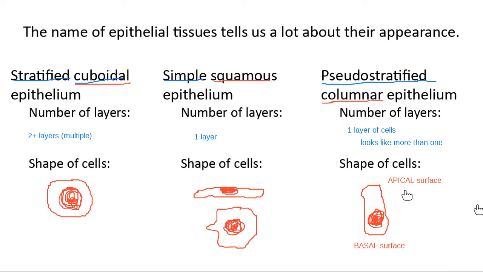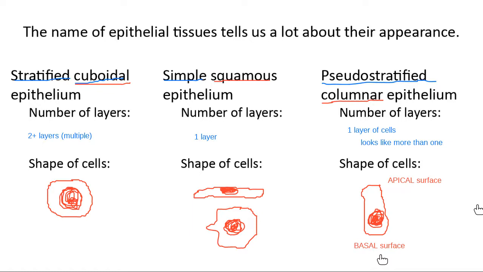And with epithelial tissue, the apical surface is always going to be next to white on the slide, because the apical surface is the very outside of the tissue. This is the kind of tissue that either is touching the air outside of your body, or the air inside your lungs, or it's touching your food in the digestive tract, for example. So the apical surface is always going to look white and empty. The basal surface is typically going to have stuff right next to it, connective tissue right next to it.